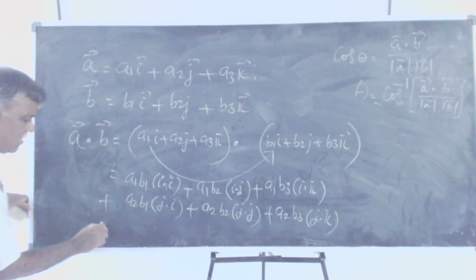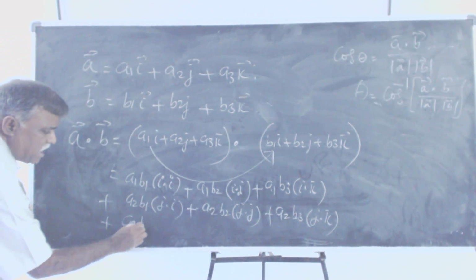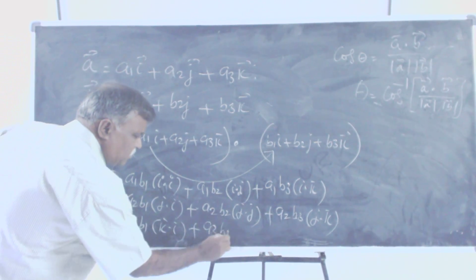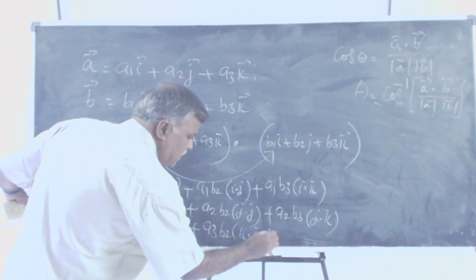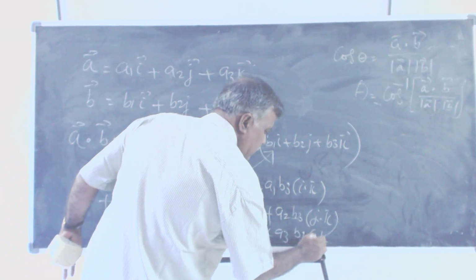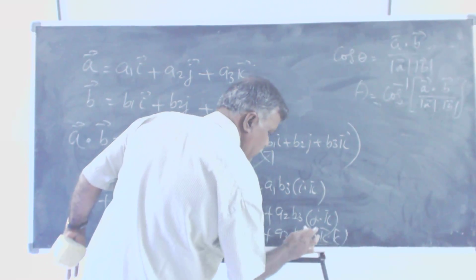The last ones: A3 B1, k dot i, plus A3 B2, k dot j, plus A3 B3, k dot k.